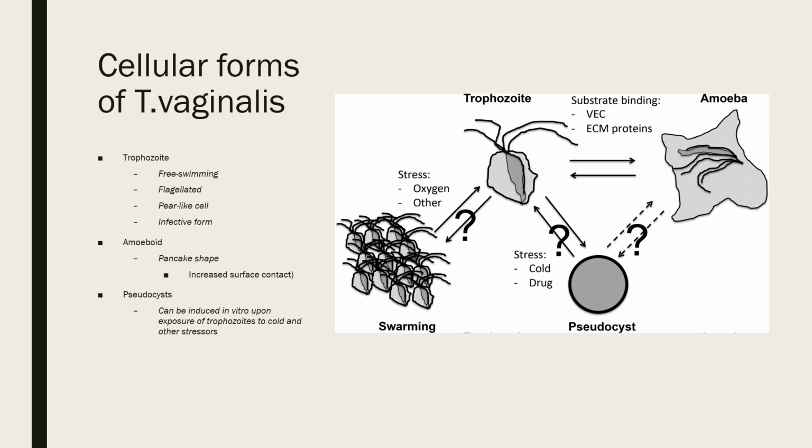The second one is an amoeboid, which is a pancake shape, which helps increase surface contact. And there are pseudocysts, which can be induced in vitro upon exposure of trophozoites to cold and other stressors. So it can change into these cellular forms depending on where it is in the body or the stressors that are involved.